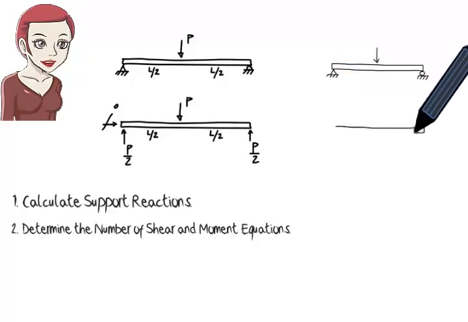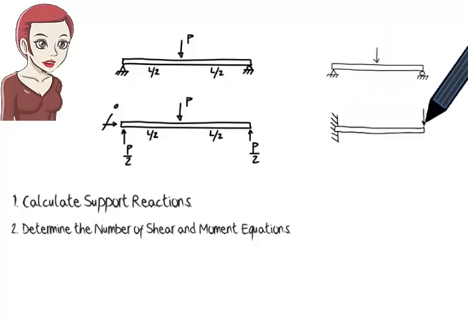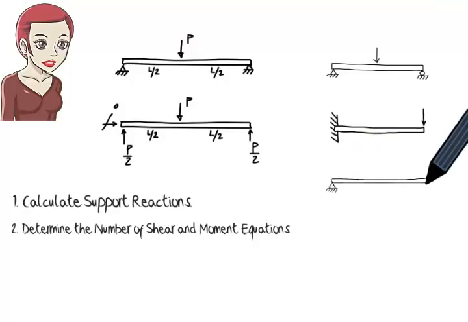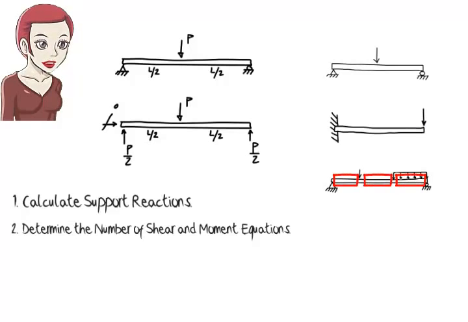Here, the load does not divide the beam into multiple segments, as it is applied at the tip of the beam. Therefore, we only need one shear equation and one moment equation for the entire beam. Here, the loads divide the beam into three segments. Therefore, three pairs of shear and moment equations are needed.